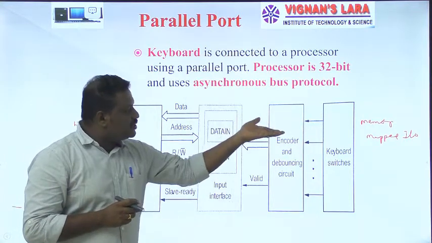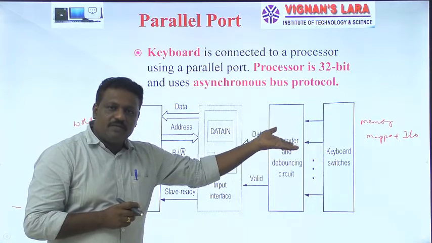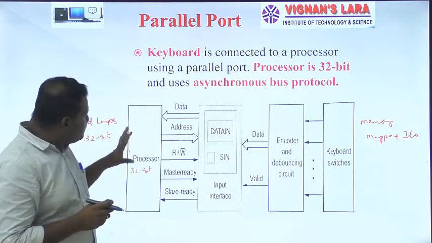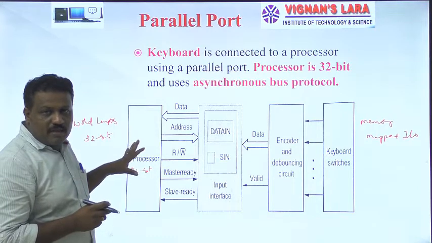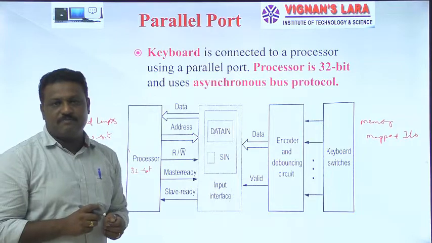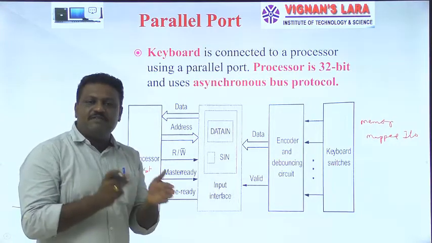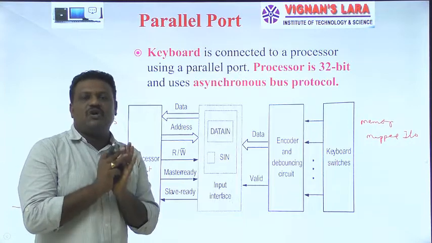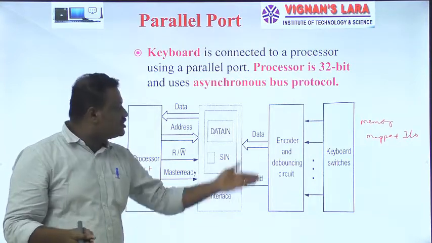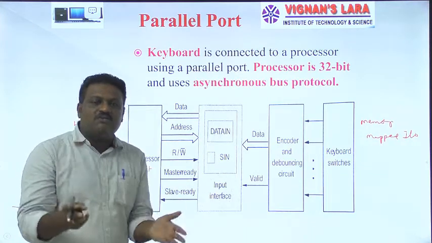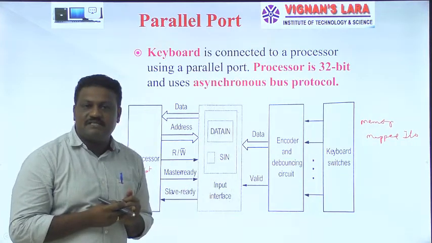What is the important thing regarding memory mapped I/O? From a processor's point of view, it treats each and every I/O device like a memory location. If it treats each I/O device like a memory location, no doubt your processor doesn't use separate instructions or separate control signals to communicate with the I/O devices.